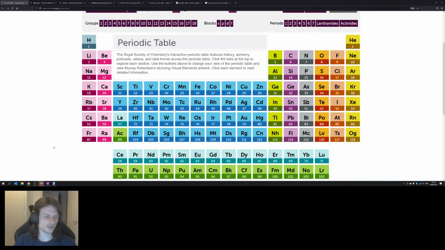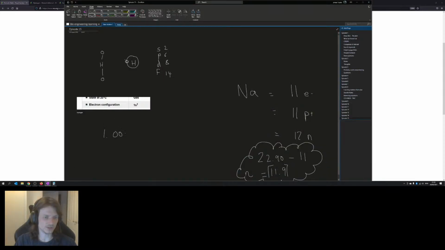It's got 1.008. 1.008 is its atomic mass, given as M. And then the mass take away 1 is going to be equal to 0.008, which ceiling is going to be the neutrons equals 1, and that means the electrons are going to be 1, and the protons are going to be 1.